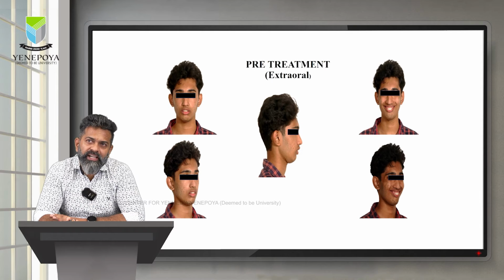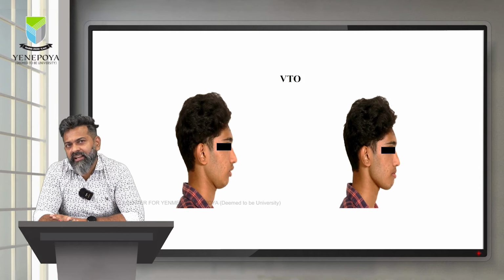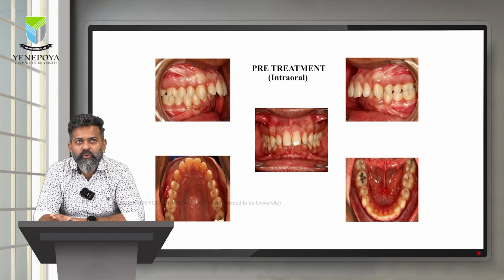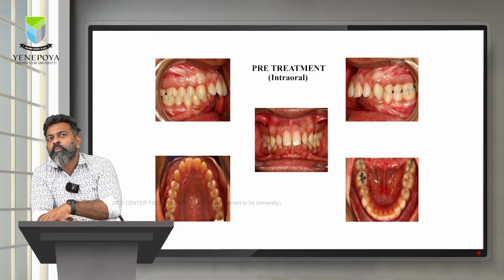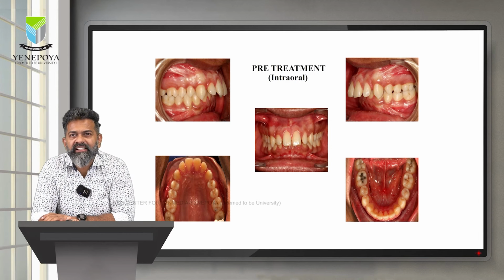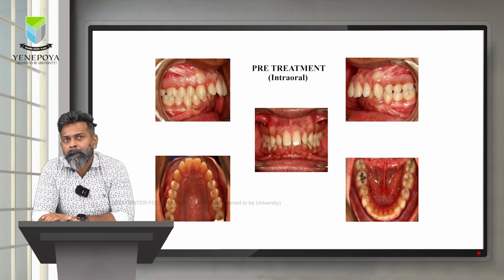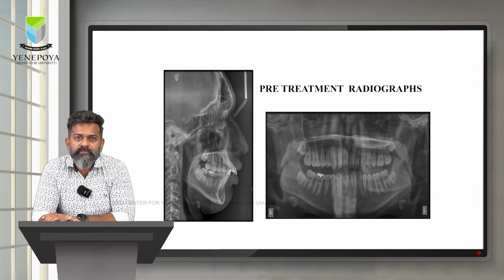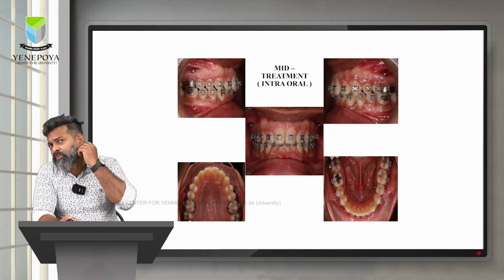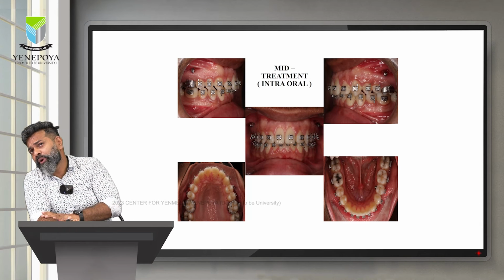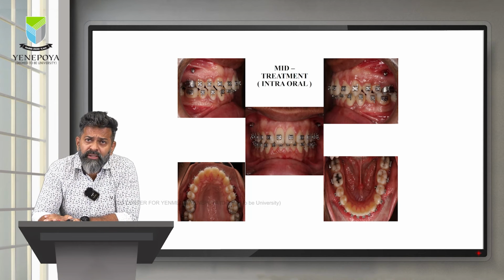When we did the analysis on him, we came to know that he was having a short mandible with proclined upper incisors and even a mild proclination in the lower, but it was more like upright lower incisors. So, these are his OPG and lateral ceph. We decided to advance his mandible using fixed functional appliances like Forsus.